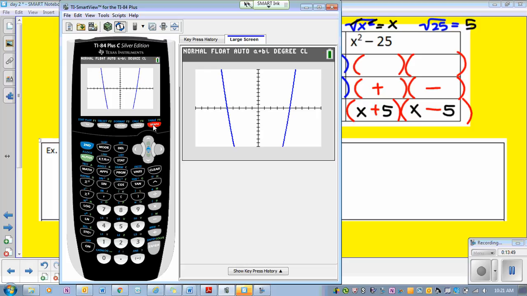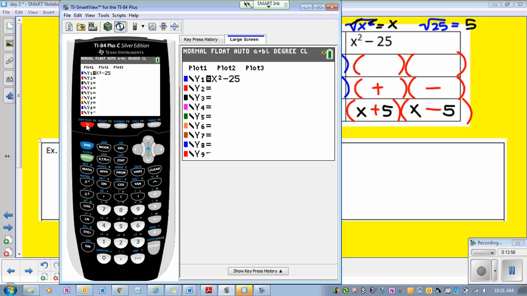I'm not worried about that. I just want to see what this looks like. This was my original problem. Now I'm going to go back into y equals, and for the second one, I'm going to put in my factored form. And you can do this with any of the factoring problems. If I factored that correctly, when I go to graph, it should only look like one graph. They should be the same thing. Do you agree?